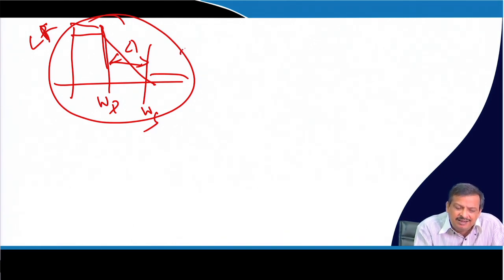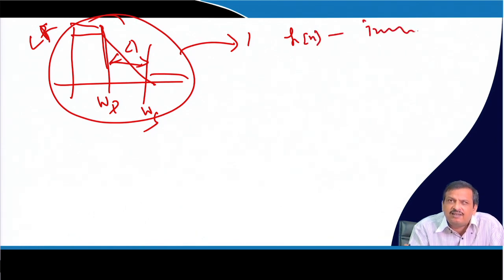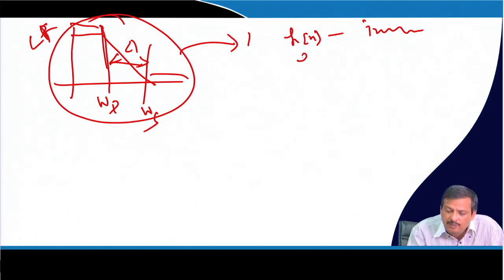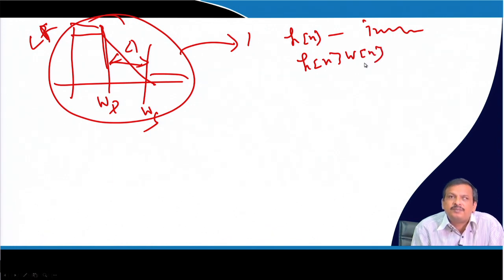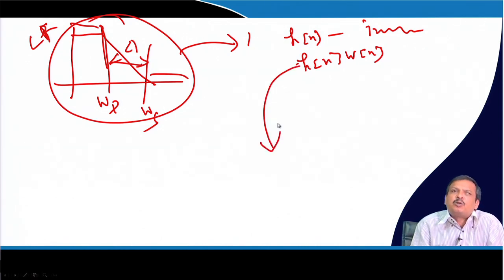So, when I take the inverse Fourier transform, I get h of n, which is infinite in length. I make it finite by multiplying with the window function w of n. Now, if I think in reverse, the frequency response is this combined portion.